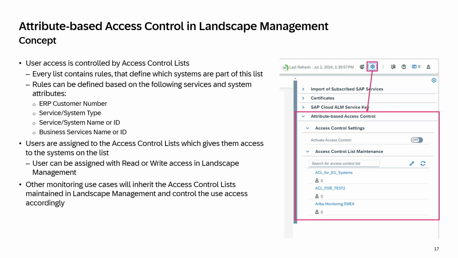For example, you can build a list that contains all systems that belong to customer number A. Or you can build a list that contains all Ariba systems that belong to customer A. Or you can build a list that contains all systems that have a certain string in the name. Maybe you have a naming convention or something like this for your sub-accounts or for your cloud tenants.